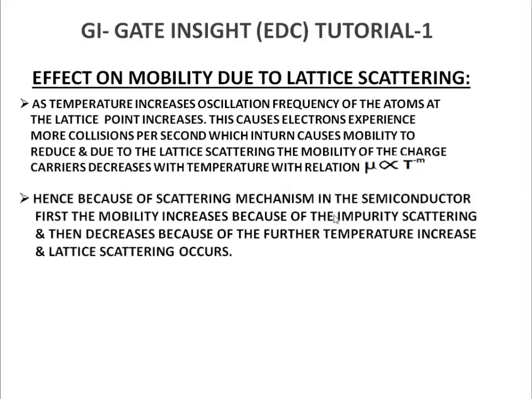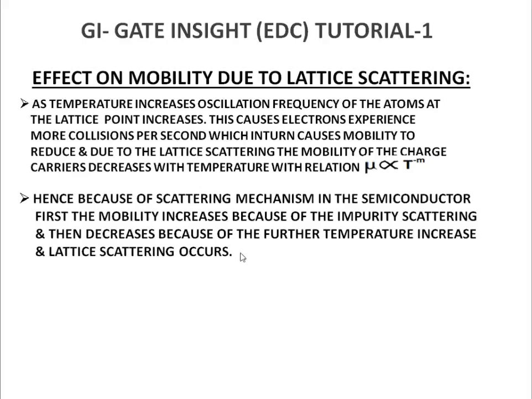So, because of the scattering mechanisms in the semiconductor, first the mobility increases because of impurity scattering, and then decreases because of the further temperature increase and lattice scattering. First, due to impurity scattering, the mobility increases.